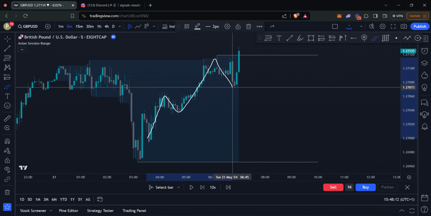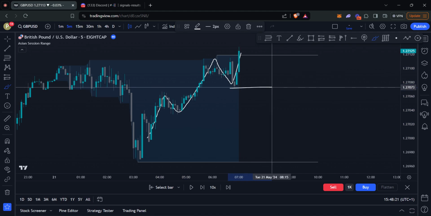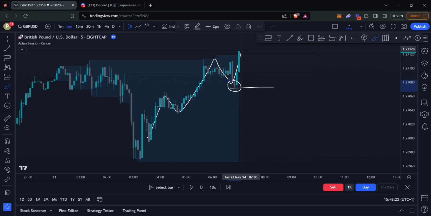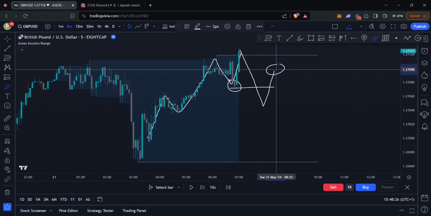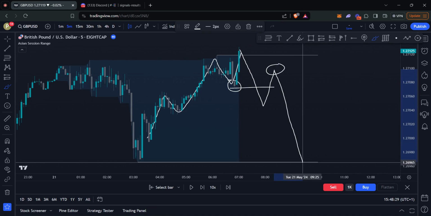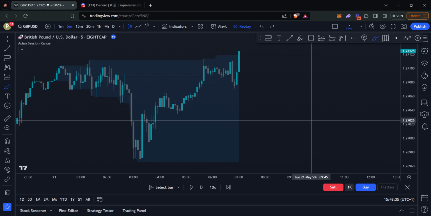So in order for us to get a lower low, we would have to break this previous lower high, and price would have to give us a lower low, then give us a lower high, which we would take the entry on, and then we can ride that down until a new lower low. That is the basic theory behind how we are going to be taking any trades utilizing the Judas swing.